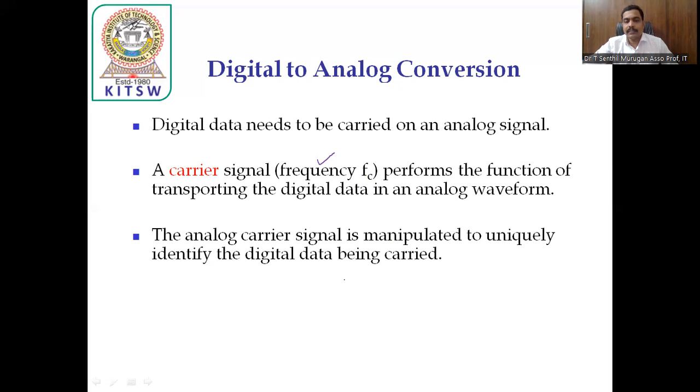So how can we send the data? We know digital data may be represented as zeros and ones. How can we represent one in signal form? How can we represent zero? According to how we represent the signal, we can transmit the data in the transmission medium.